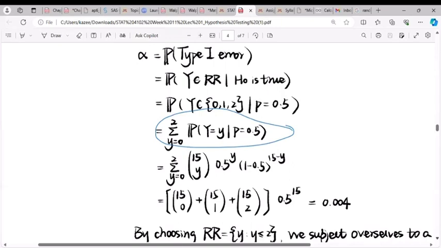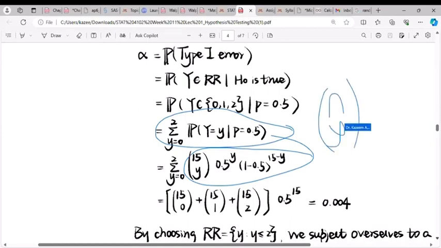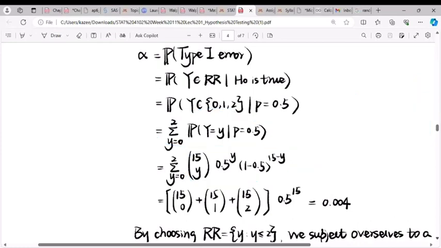This is the binomial probability mass function: n combination y, p raised to power y, 1 minus p raised to power n minus y. Your n is 15, and we plug that in and sum this from 0 to 2.